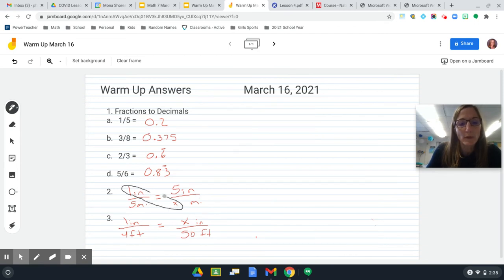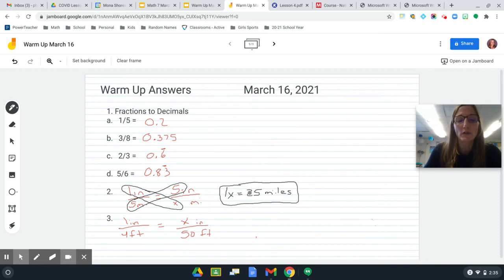So I do my cross multiply. I do 1 times X. And I do 5 times 5. And so 25 miles actual driven in your car across that city. So you solved for the actual this time.